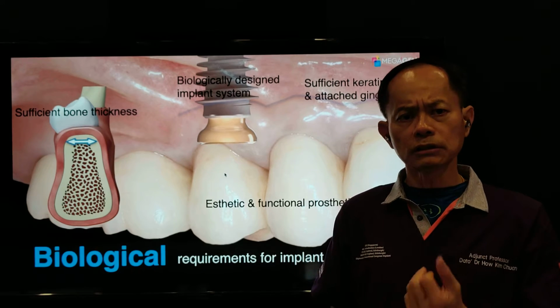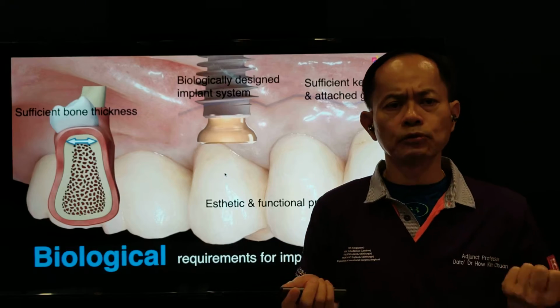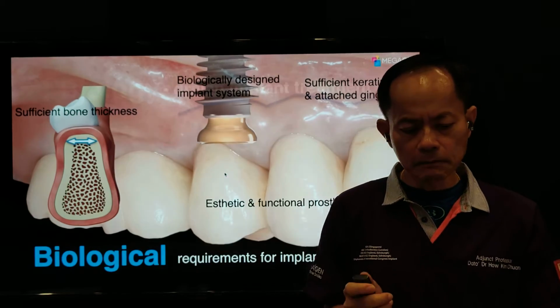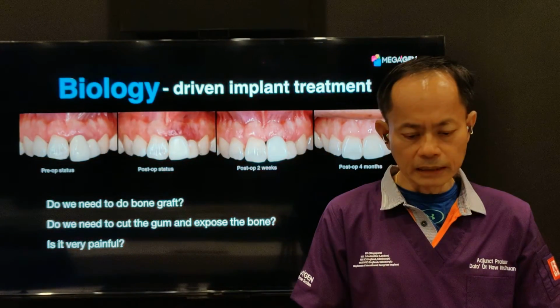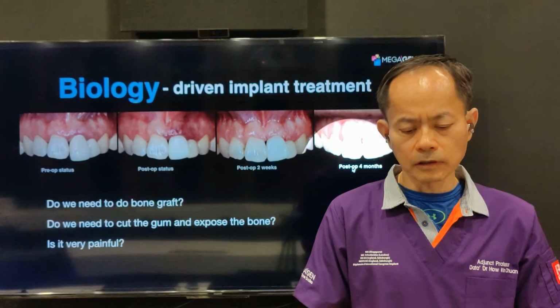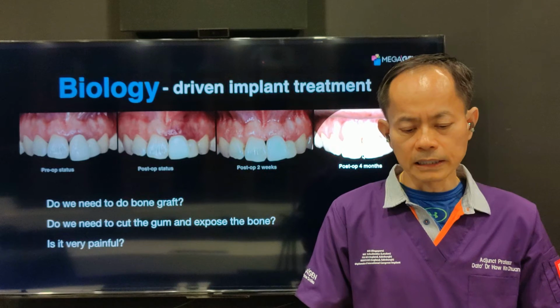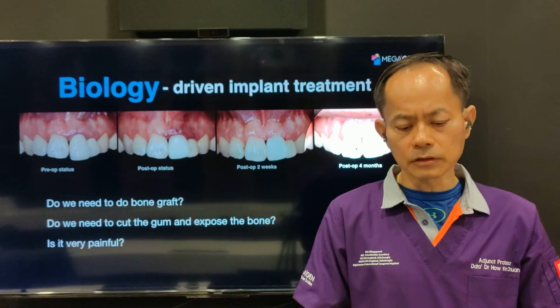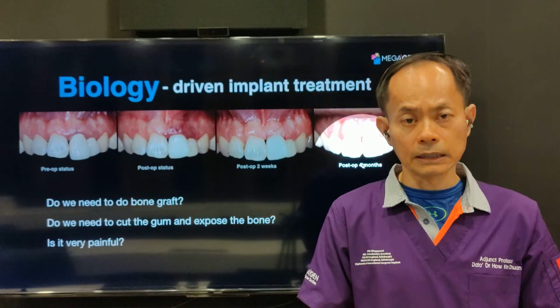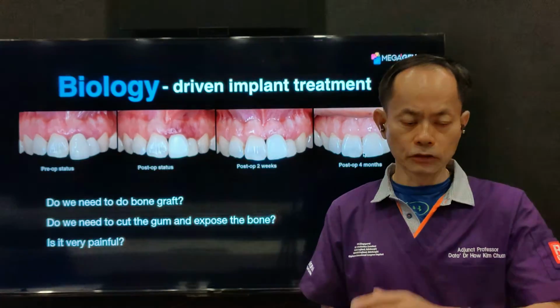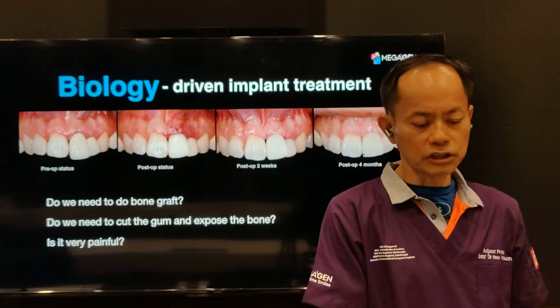For this, we use a term called emergence profile. What emergence profile means is, if I can show you this picture here, this is the final outcome of the implant, where you cannot differentiate which is the implant and which is the natural tooth.